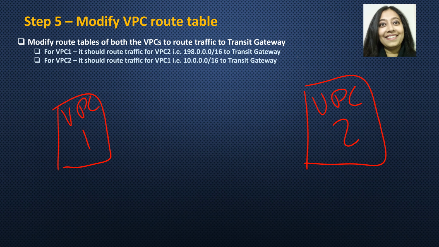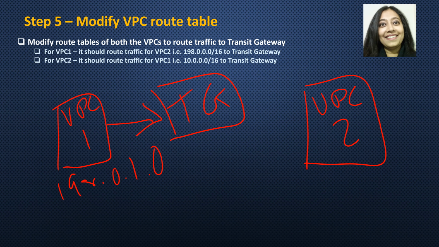So let's say the IP address request is 198.0.1.0, something like this. VPC1 will say, okay, I don't know what this IP address is. It's definitely not one of the IP addresses that I have in my VPC. So what am I supposed to do with this IP address request? We need to ensure that this request goes to the transit gateway, which is sitting right in between. So this request should be directed to the transit gateway.